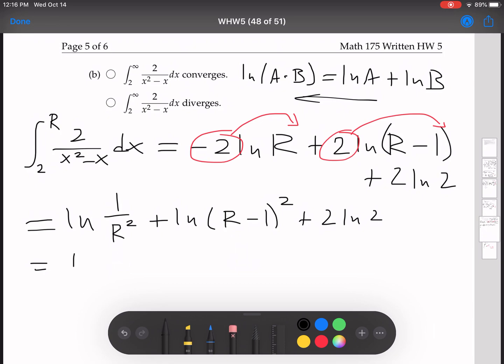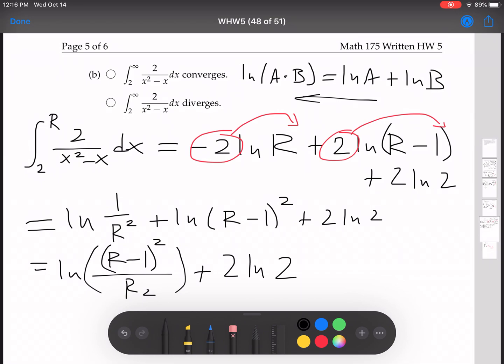This is equal to ln of r minus 1 squared over r squared plus 2 ln 2.